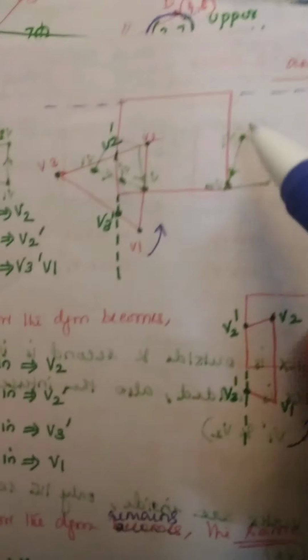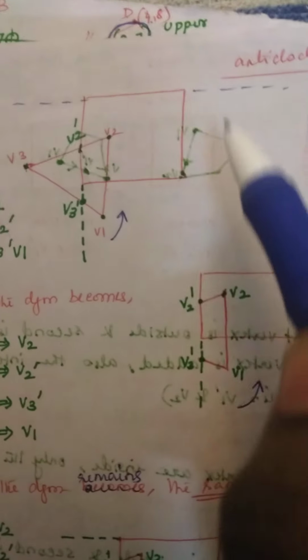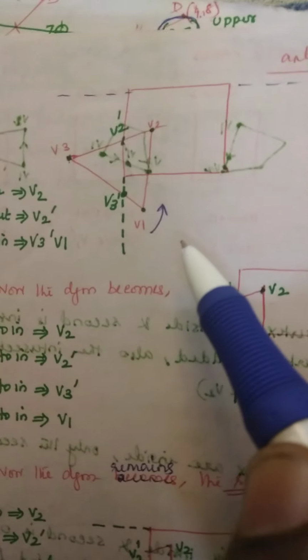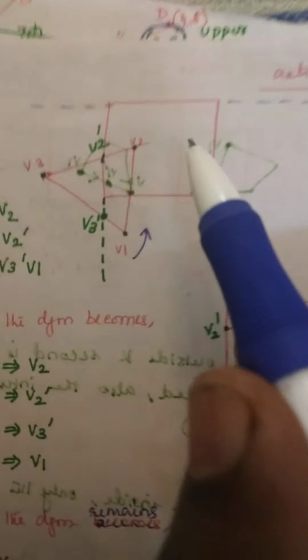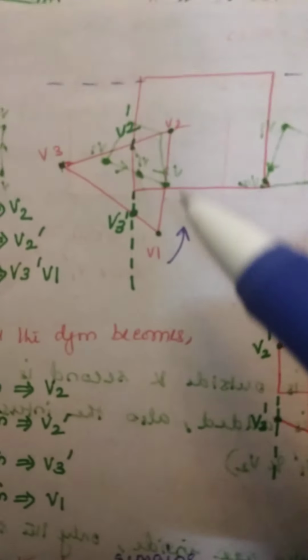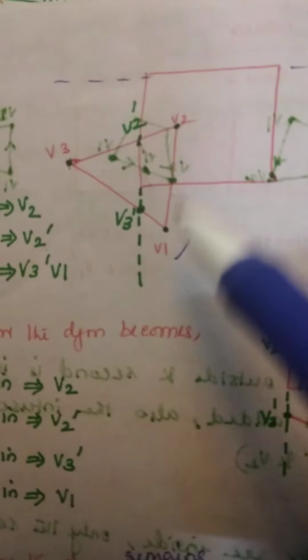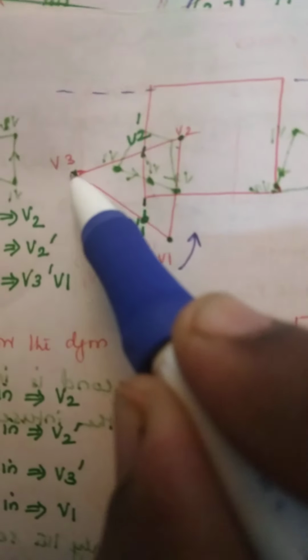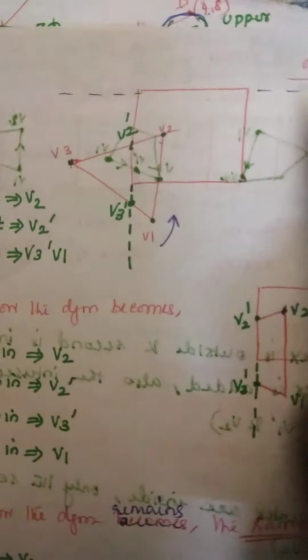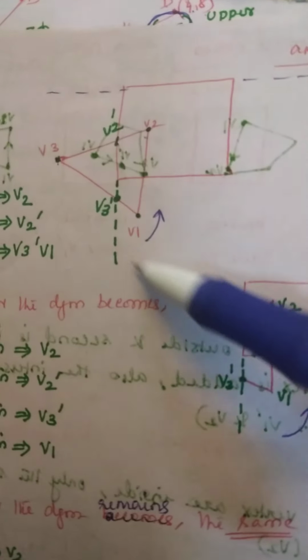We will process with an example. Consider this diagram. This is a polygon. Here consider it has 3 points, V1, V2 and V3. This is the boundary area, so this area is accepted.